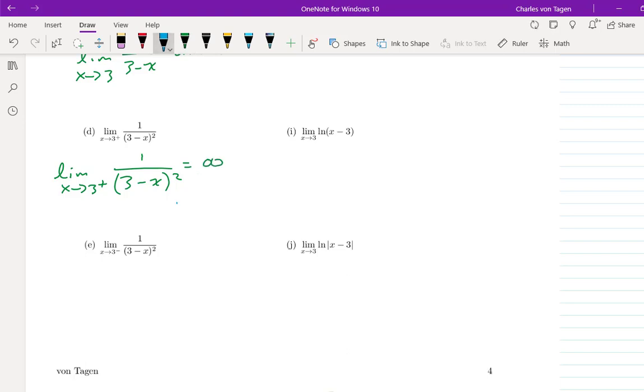Because the numerator is approaching 1, and it's all over a small, what? What's the sign? When I do x approaching 3 from the right, 3 minus x is a small negative number, but then what do I do to it? Square it. When you square something negative, it becomes positive. So this is over a small positive number.